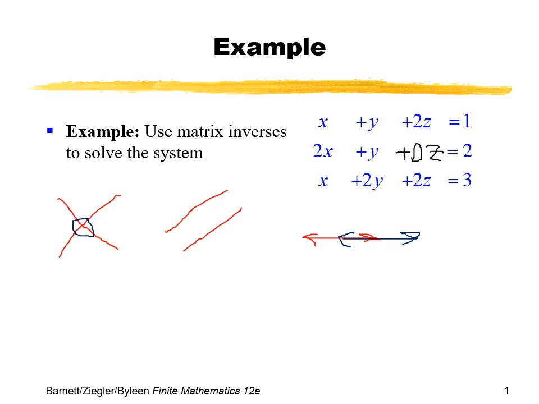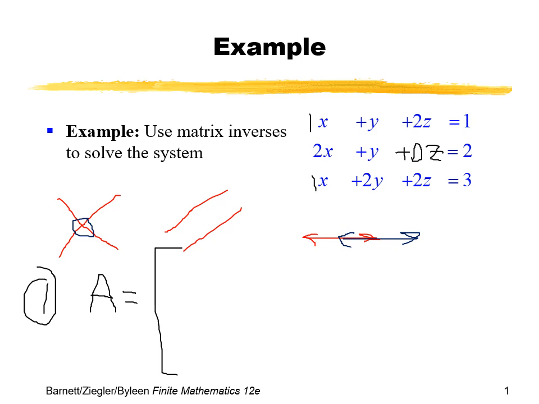Now we are going to create three matrices. The first matrix is the coefficient matrix, or matrix of coefficients, of x, y and z. The coefficients of x are 1, 2, 1. The coefficients of y are 1, 1, 1.